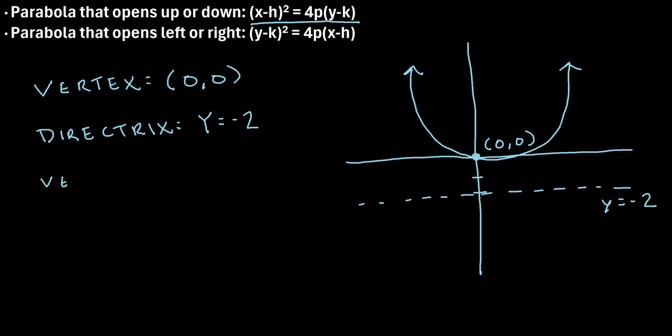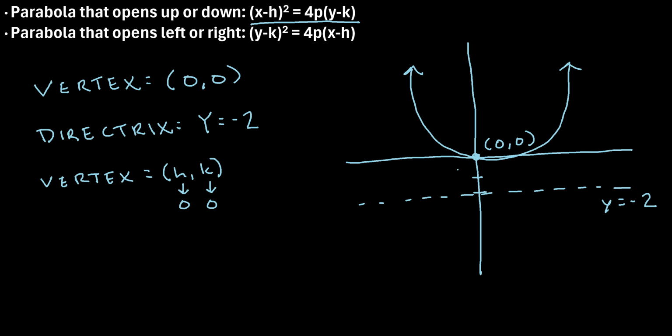Remember, the vertex has the coordinates (h, k). So we know that h is 0, and k also turns out to be 0 in this example. Now we just need to figure out what p is. Well, p is the distance from the vertex to the focus.